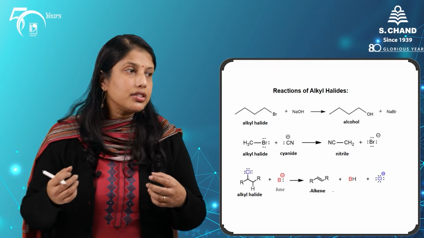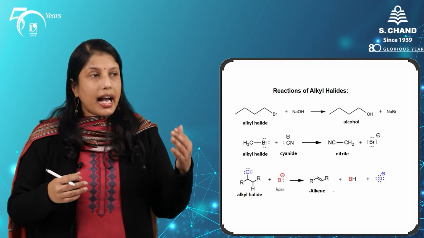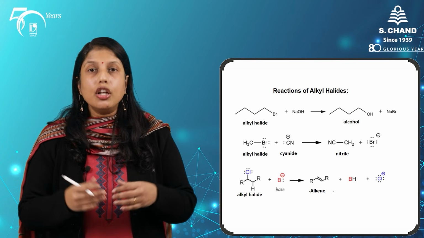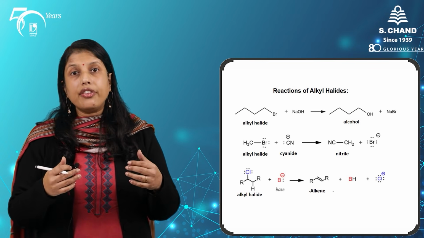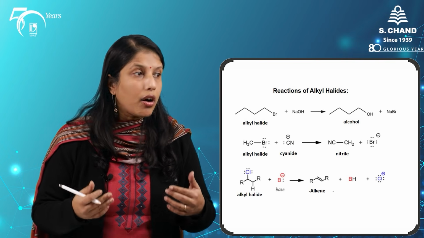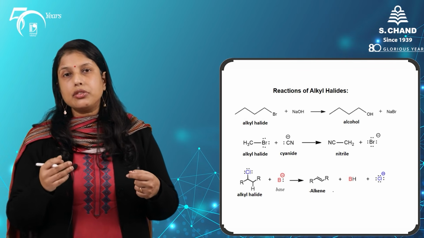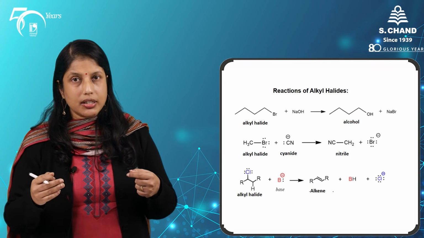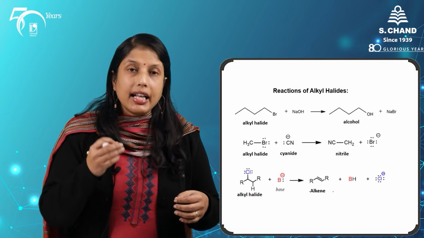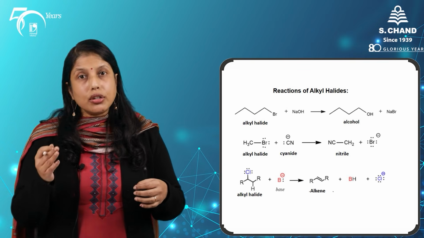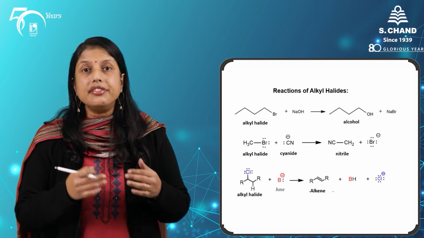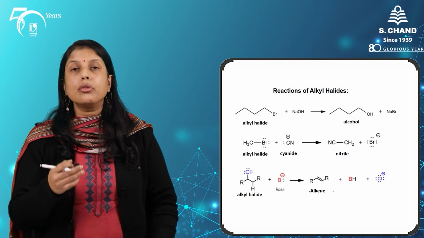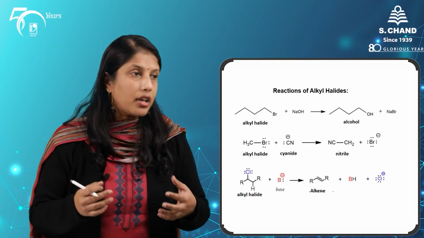of other functional groups. As we had discussed before, nucleophilic substitution using strong nucleophiles such as our hydroxides is an excellent way to prepare alcohols. Alkyl halides can also react with cyanide ion, and it gives alkyl cyanides which are known as nitriles.